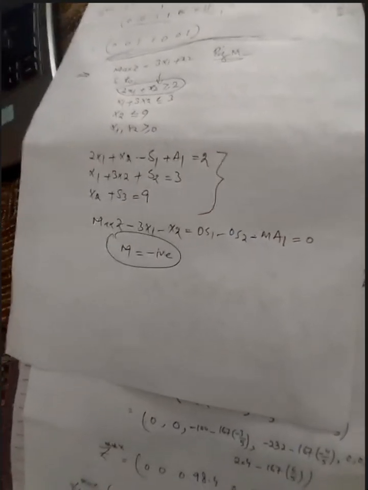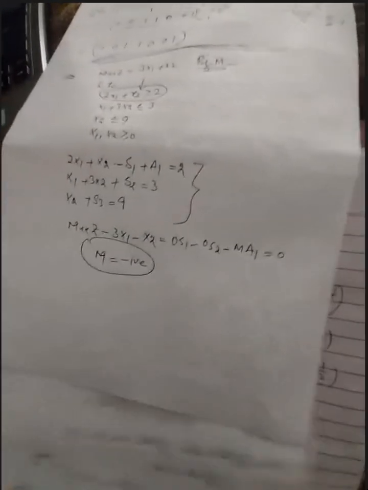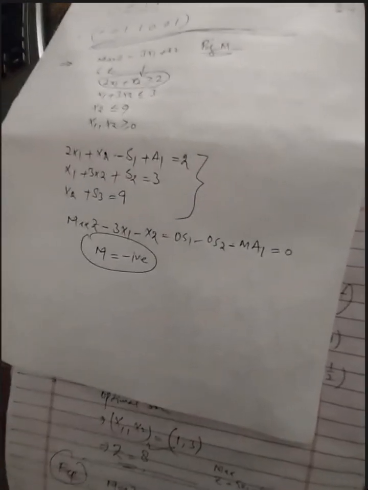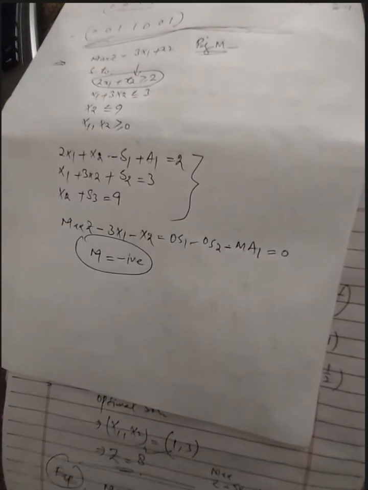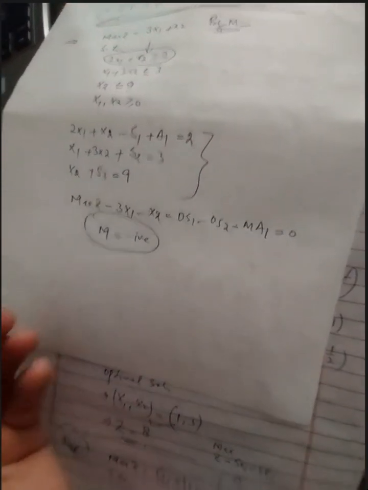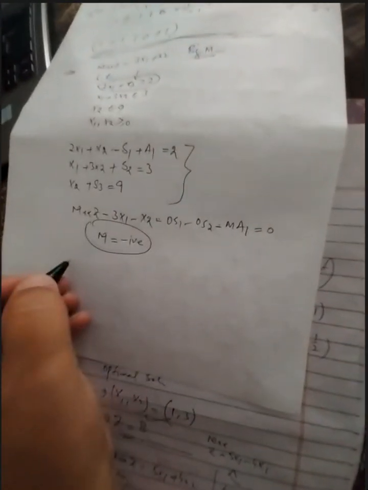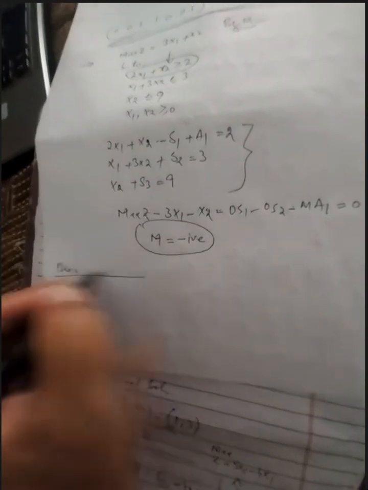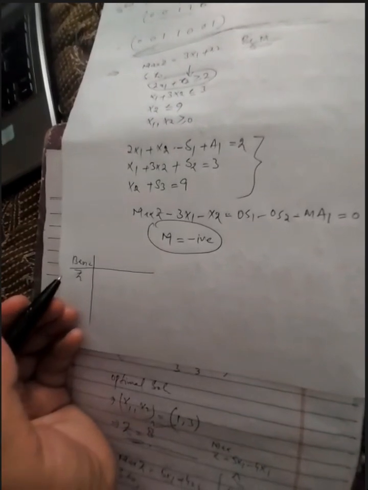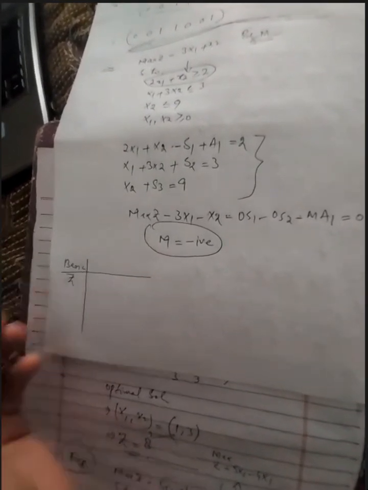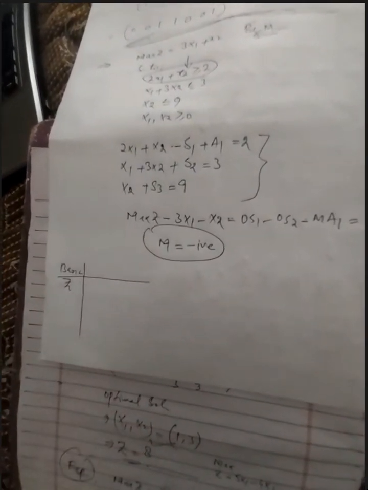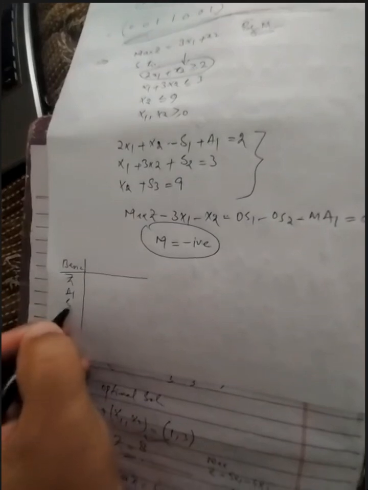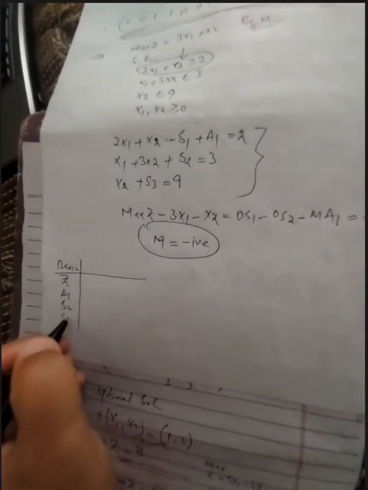Now converting it into the standard form, we get the basic Z. Now here only s1 is surplus, so we will ignore the surplus variable and we will add a1, s2, and s3.